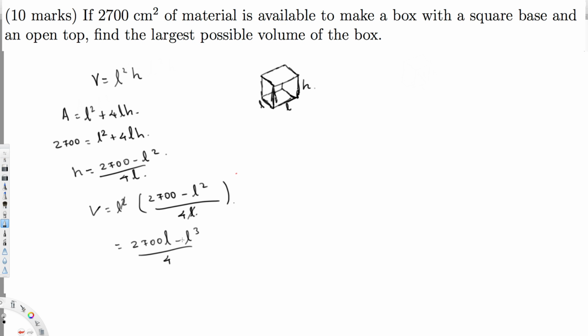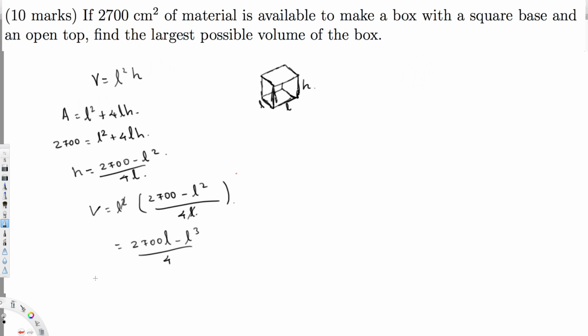Then what I have to do is find the derivative, because they are asking to find the largest possible volume of the box. To find this, I have to find the largest length. So I have to find the derivative to find the absolute minimum and the absolute maximum. In this case, we need the absolute maximum. But before we do that, we have to find the critical points.